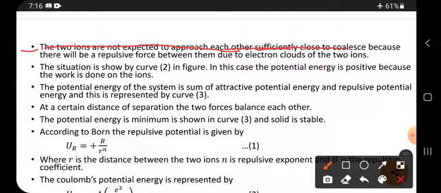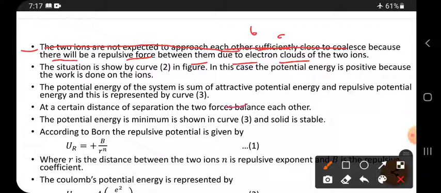Why are they not coming to each other? Because there will be a repulsive force between them due to the electron clouds of the two ions. In any crystal, two ions never touch together, they are never in contact. Why?